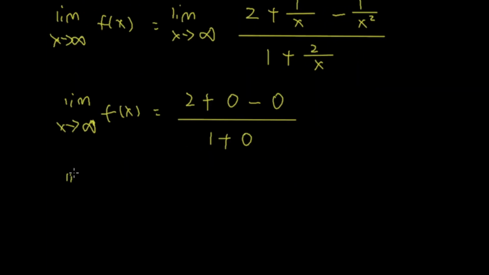Okay. Limit as x approaches infinity, f of x is equal to, now this is just 2 over 1. Now 2 over 1 is equal to 2. That means the horizontal asymptote for this function here is y equals 2.